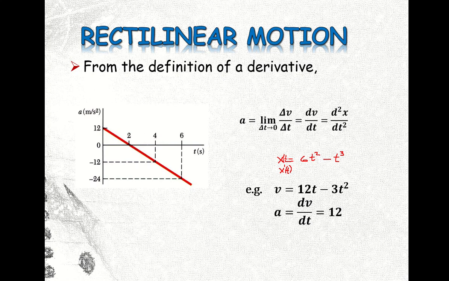Then when you take the derivative of this x as a function of time, we have 12t minus 3t squared. You just take the derivative of this function here. And we know that the derivative of the position function is just the velocity. So that's why we have the velocity here.